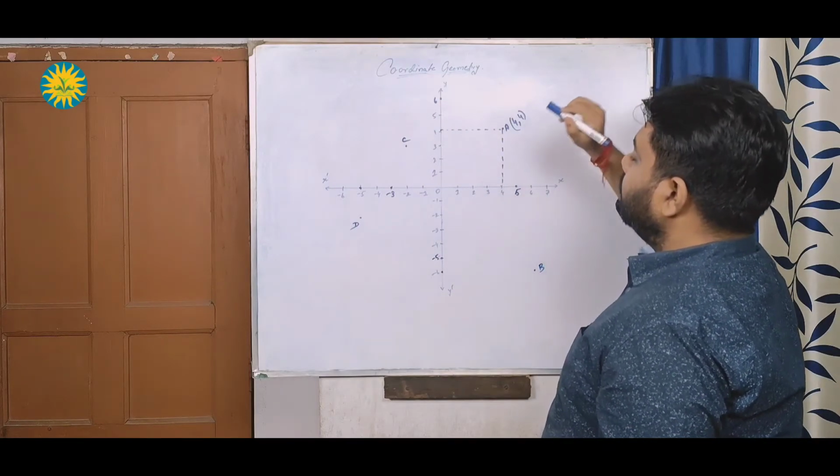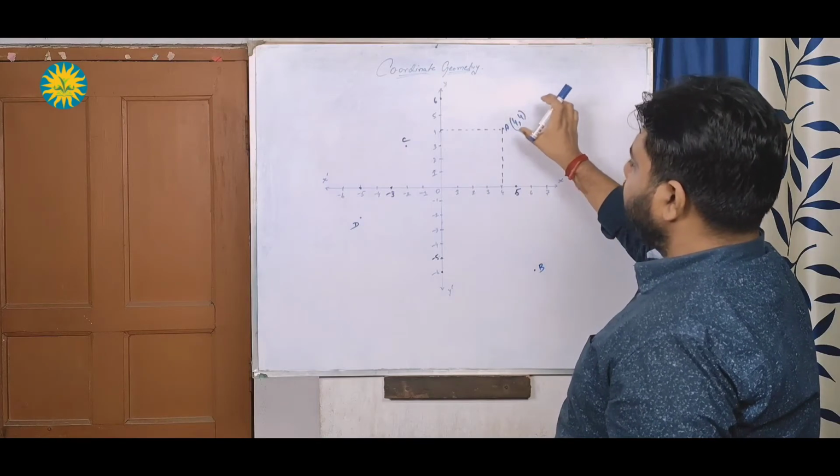Therefore the quadrant is the first quadrant and the coordinate of point A is 4 comma 4.